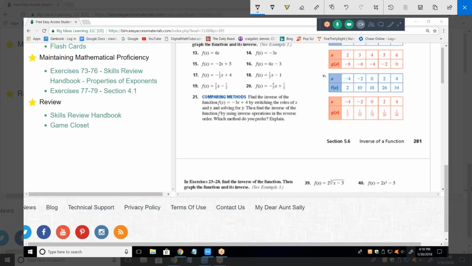So, y equals -1/2 x plus 4. Next line. X equals -1/2 y plus 4.